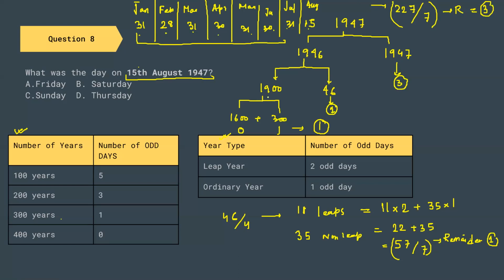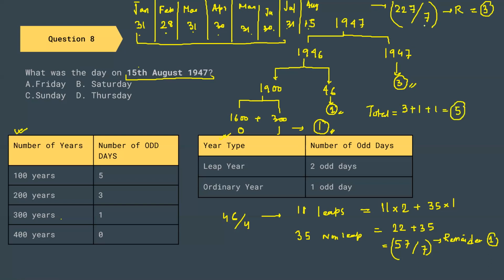So in 1900 it is 1 remainder, 1946 this is 1, and in 1947 it is 3. So the total number of odd days is 3 plus 1 plus 1, that gives us 5.